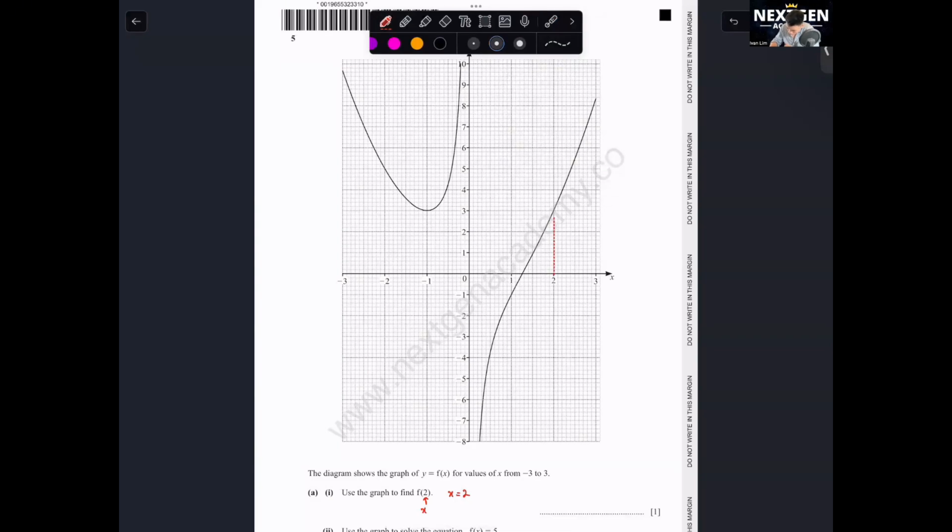Intersecting 2, here. When your value is 2, your x value is equal to 3. I don't want to write so many, so you all just refer like that. This one is y equals negative 3. This is for question A1.